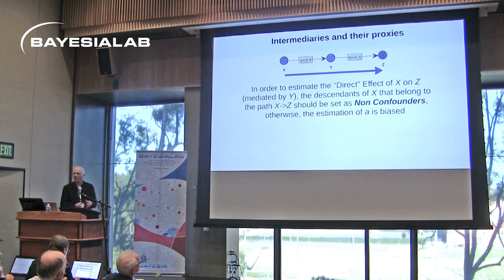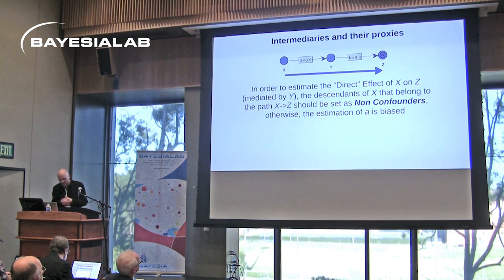Now if I have some intermediaries, I am still focusing on z here, and I want to estimate the direct effect, between brackets, because it will be mediated via y. I want to see the causal effect of x on z. I do not have to condition on the path.